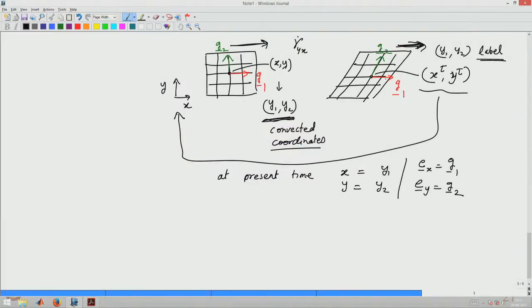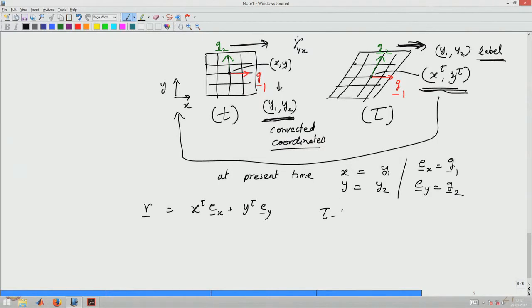Therefore, at any arbitrary time tau the position vector is nothing but x tau Ex plus y tau Ey, and of course, we know how to express this x tau and y tau in terms of x and y and the time interval tau minus t, given that this is at time tau and this is at time t.